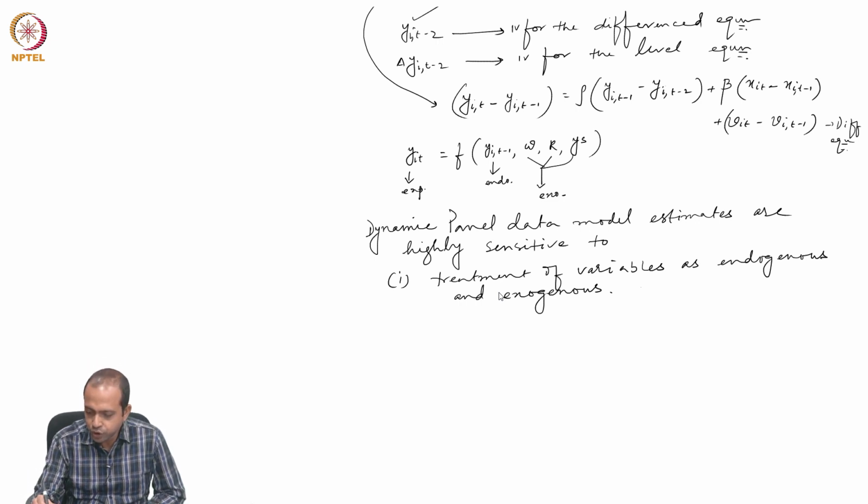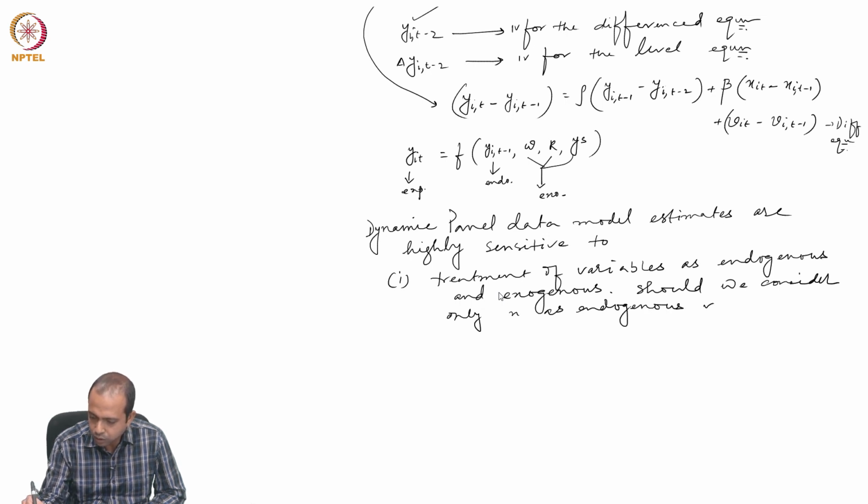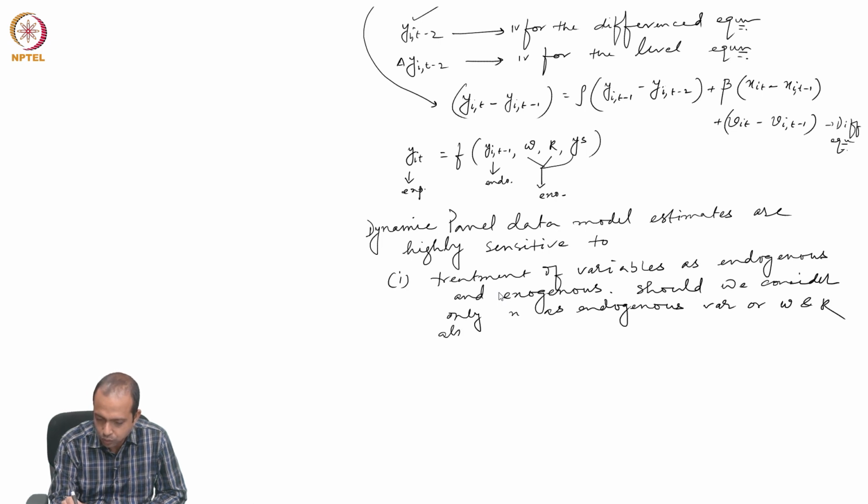So, that means should we consider only n as endogenous variable, or wage and capital also as endogenous?